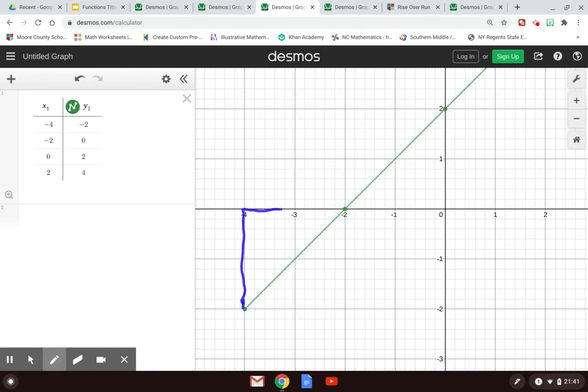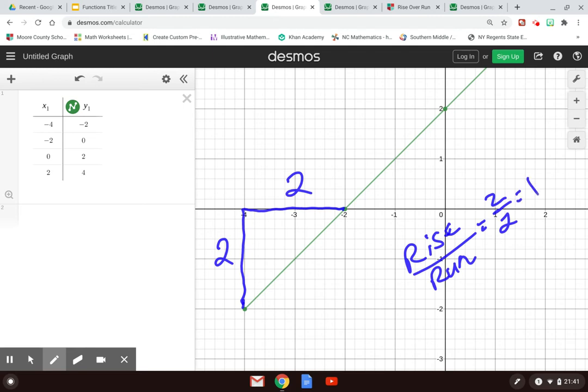So I go up and over. So again, my rise here was I went up 2, 1, 2, and I have a run of 2. And again, this is going to be constant throughout the entire line.